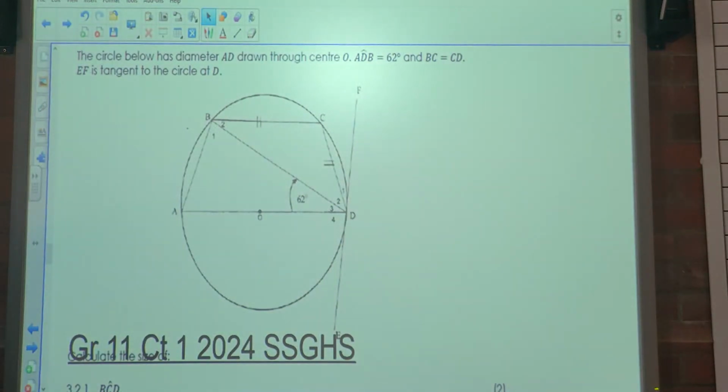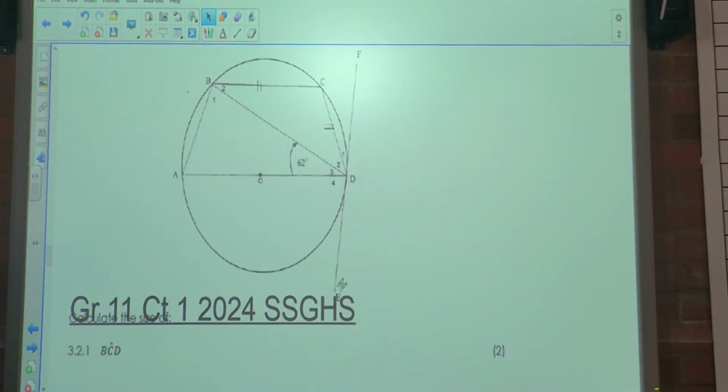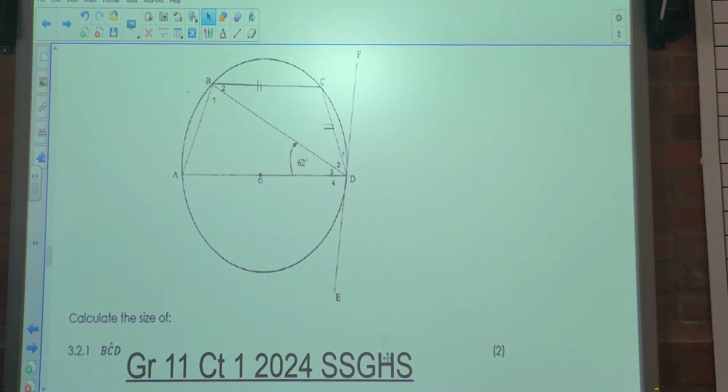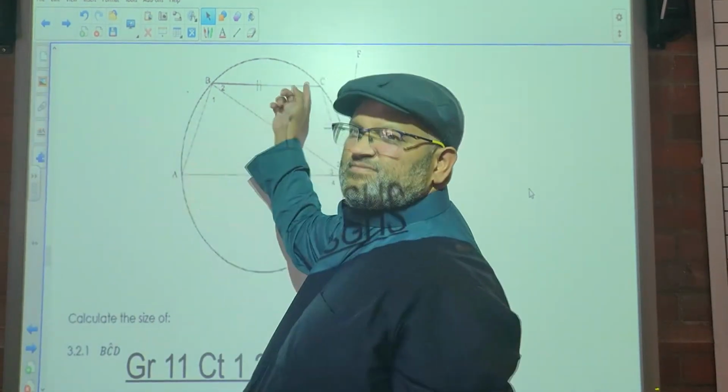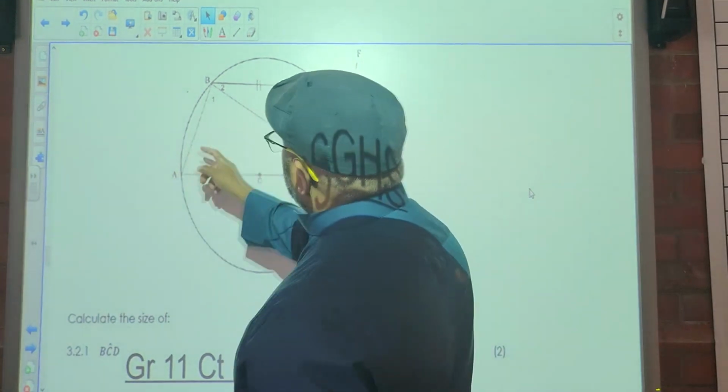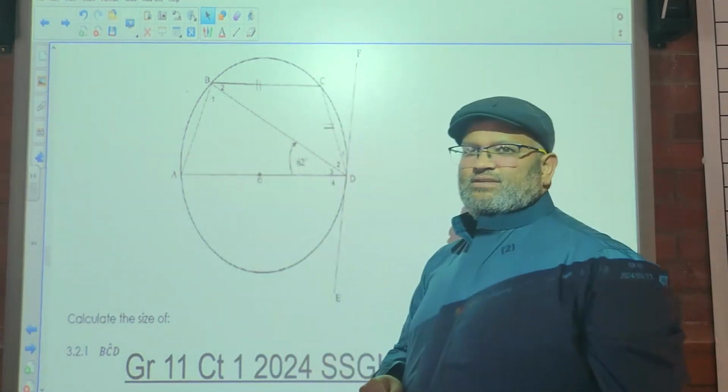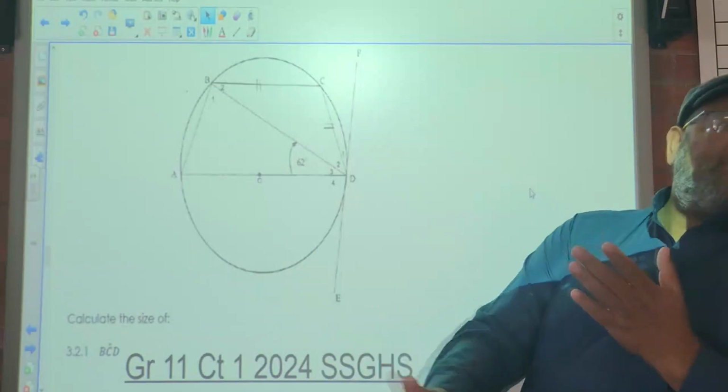The first question says, calculate the size of BCD, for 2 marks. Angle C has a relationship with angle A. What's the relationship? Opposite angles are supplementary. So if I get angle A, I've done the job.